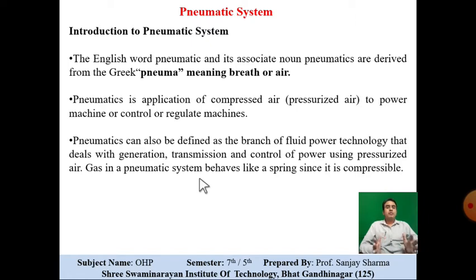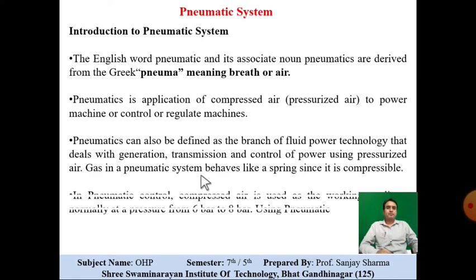So here we can reduce the volume by pressurizing, and that pressurized air is used to operate the pneumatic tools and pneumatic machines, and we will see later on in this presentation the different industrial applications or common applications of the pneumatic system.